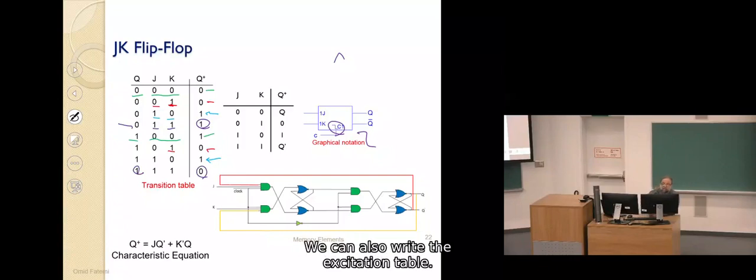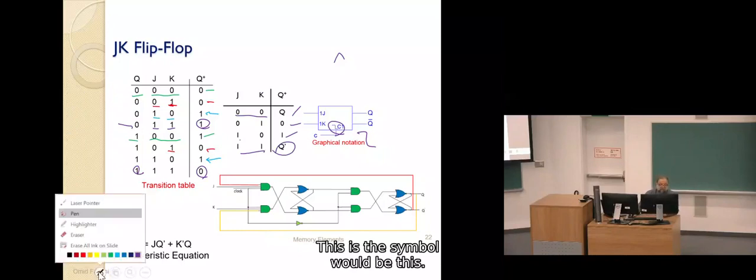So we can also write the excitation table. When J and K both are 0, then we get Q. If K is 1, J is 0, it kills it. If J is 1, it jumps it. If both of them are 1, then it complements it. It negates it. This is it. And the symbol would be this.